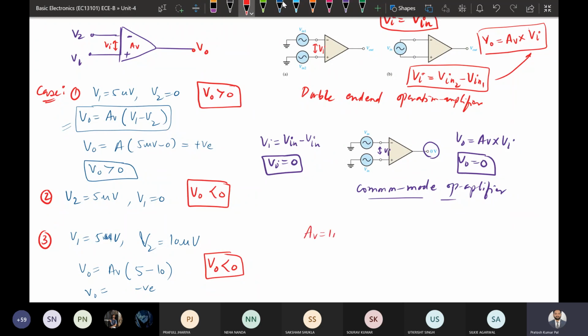The output voltage will be 10 to the power 6 multiplied by the input voltage, which is V1 minus V2, or positive minus negative.